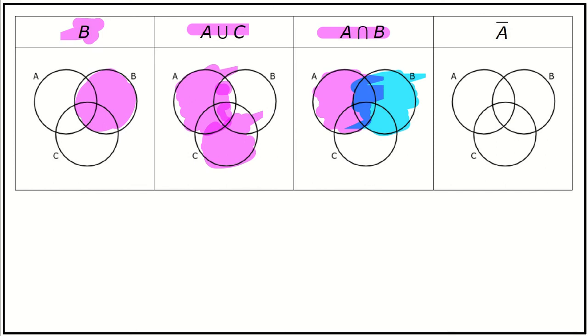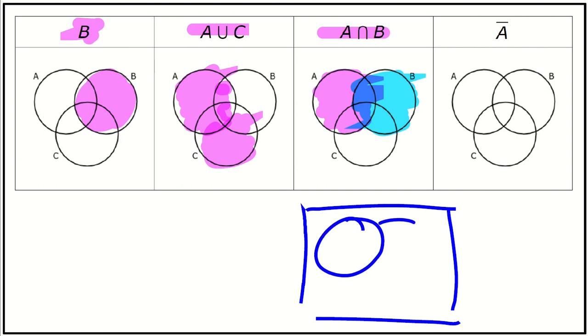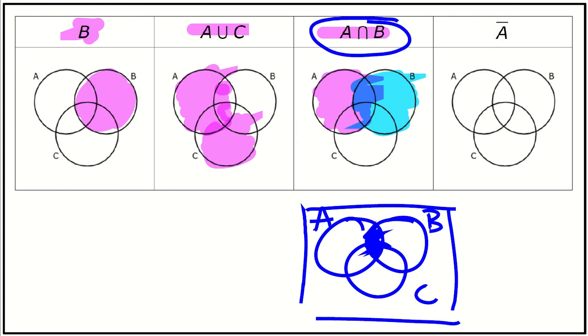So the actual answer to this one, and I'm just going to draw this down below. There's my A, B and C. Then it's this area in the middle there that is my intersecting part. So if I think about it as a multi-step process, it's the area that I've coloured in twice. Whereas union, I just need to colour in one.